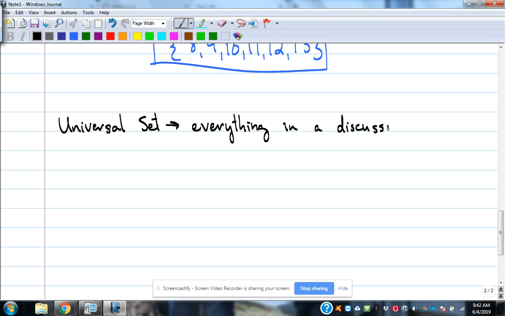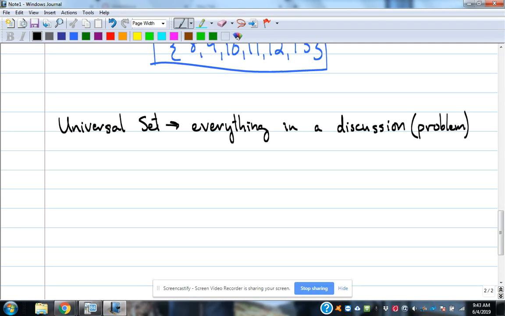And a discussion means a problem. Okay, so what you've got to look for is if they don't tell you what the universal set is, but maybe they say that in the set of natural numbers, well, then that tells you, hey, the universal set is the natural numbers. So it's the big umbrella over everything part of the conversation or the problem that you're dealing with.